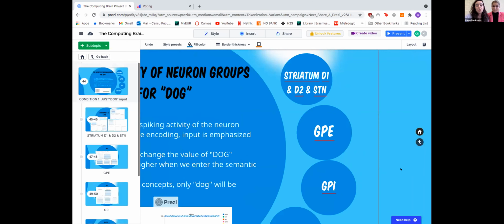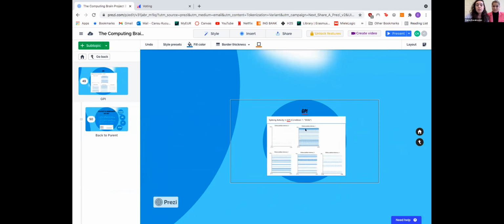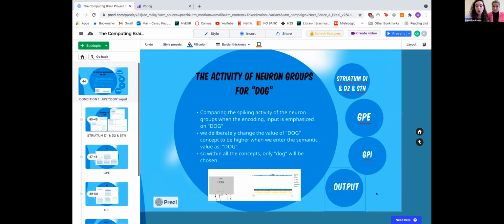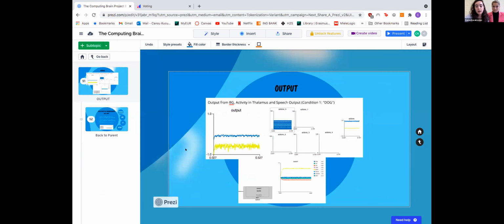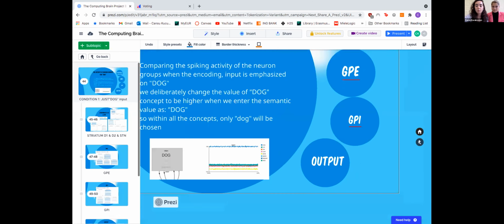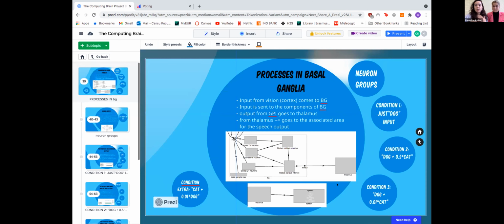When we look at the GPI output at the end, we see that of all the connections coming into GPI, group 0 is inhibited the most because it is the one that reacts more to the dog. In the output, we see how it's chosen, giving the value of 0 from the basal ganglia, which goes to the thalamus and knows that it should choose action 0, and it computes the action via the bark. And we ran different simulations.